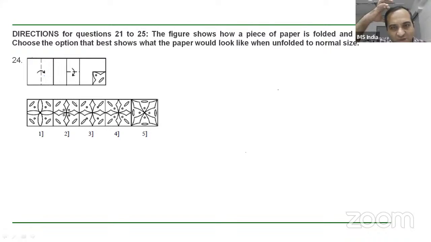Come on, try the next question. Correct, correct, SRS, correct. Anurag, good, good.